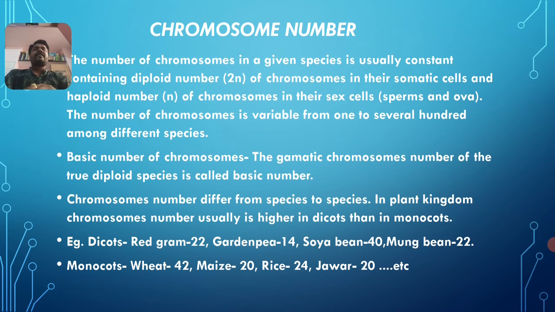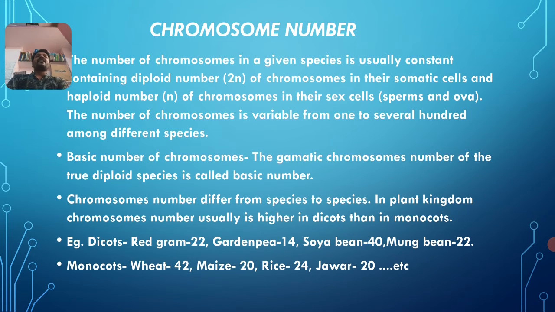The next one is chromosome number. The number of chromosomes in a given species is usually constant, containing a diploid number of chromosomes. Diploid refers to two sets of chromosomes in their somatic cells, and a haploid number of chromosomes in their sex cells.